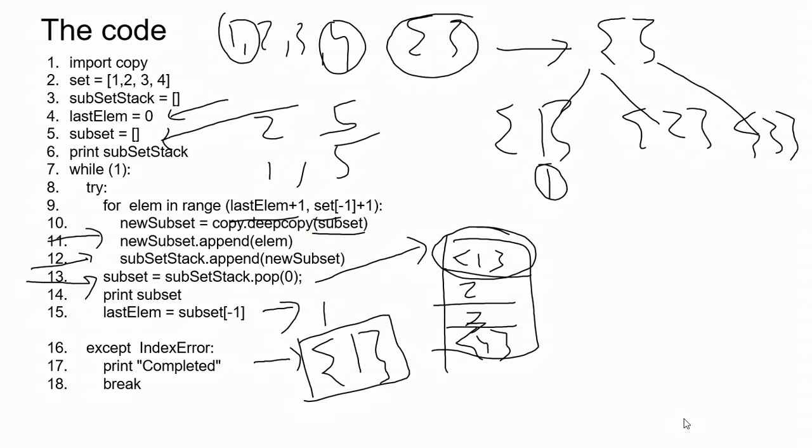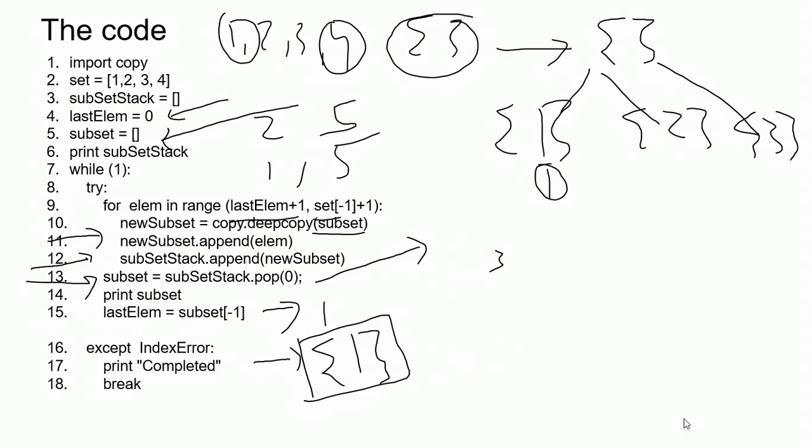I don't have space, so I'm not able to write it. Now, as I said before, subset now points to 1. Again I iterate. To the subset 1 I add element 2, because now the element ranges from 2 to 5, and hence it becomes 1, 2.